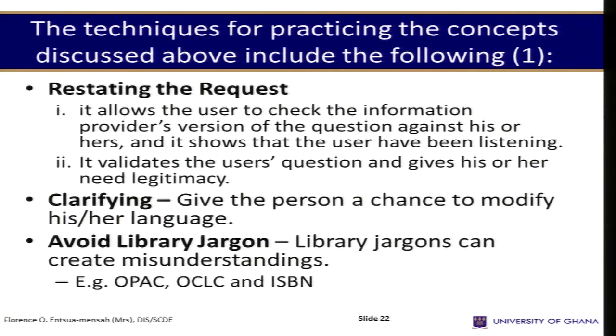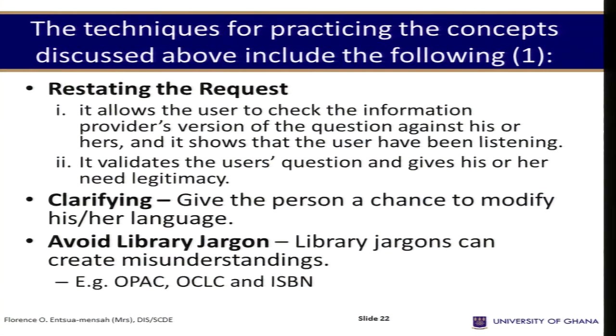We just discussed certain things that we need to do to eliminate misunderstanding between the information provider and the user. Our next topic is we're going to look at certain techniques for practicing the concept that we just discussed. How do we do that? We first have to restate the request.